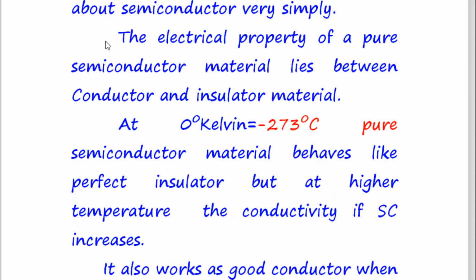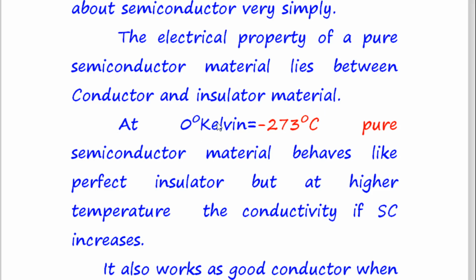The electrical property of a pure semiconductor, silicon and germanium, lies between conductor and insulator material. So this is also something all of you know. The conductivity of a pure semiconductor lies between conductor and insulator material.